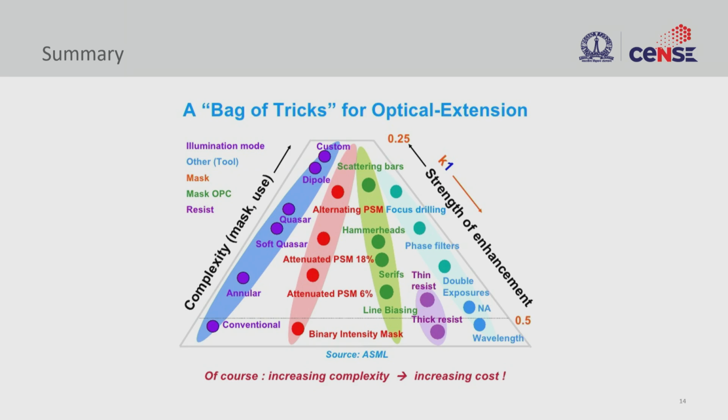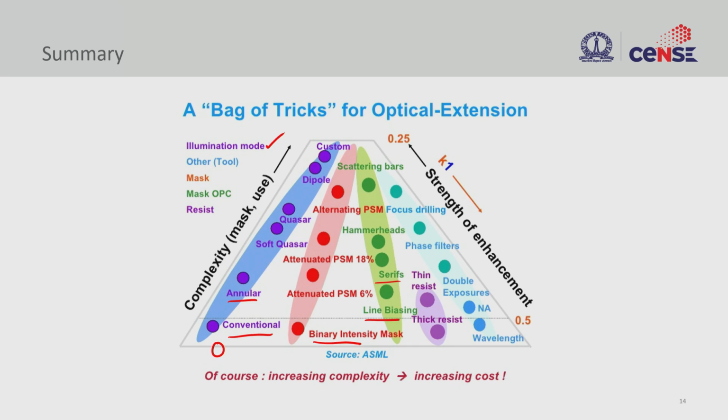the various parameters. So you can use different types of illumination mode. We saw conventional illumination, that's a circular illumination, annular, quasar, and so on, and then you can use different types of mask, right. So you can use binary mask or use phase shift masks and so on. And then you can also do assist features, right.